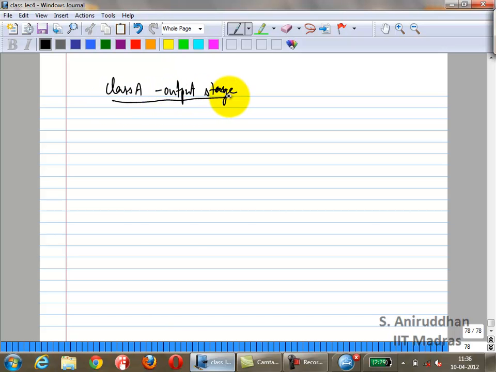Okay, so let's start off with the class A output stage in the bipolars. We'll come back to MOSFETs later. Let's start off with bipolars.